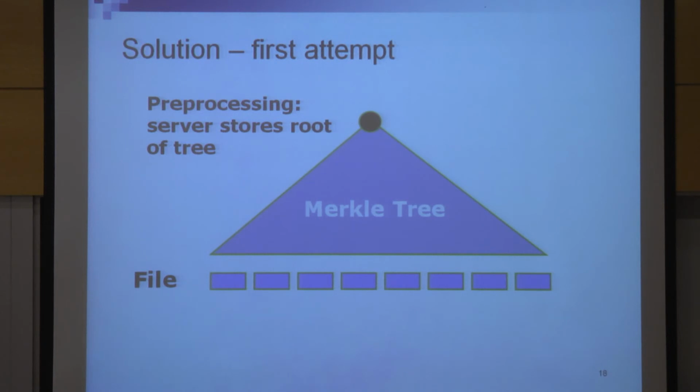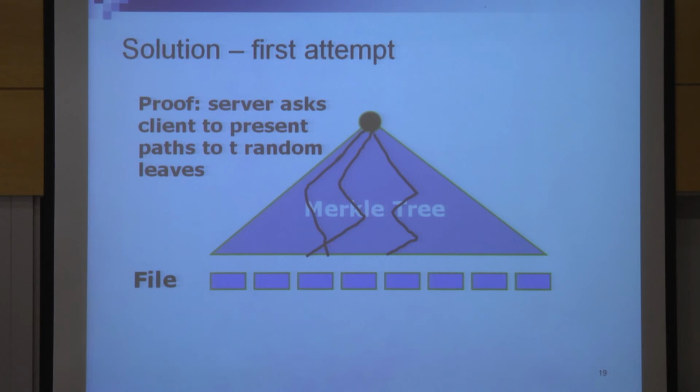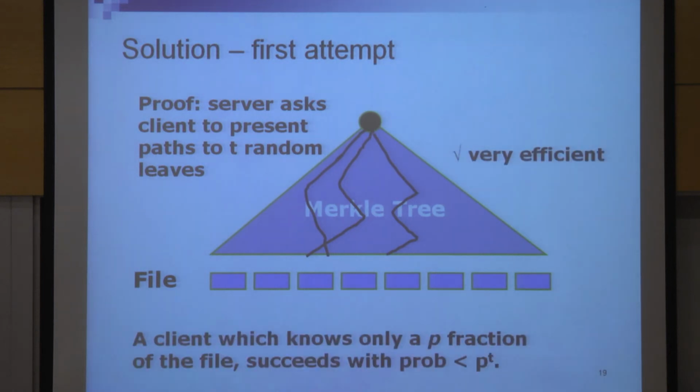And the way to challenge here is, I'm asking about t random locations in the file, and the prover sends me the paths to the root of these values in the file. And here the server, who is the verifier, can actually recompute this whole path, get the value at the root, and compare it to what it had in store. If this is correct, then everything is done.